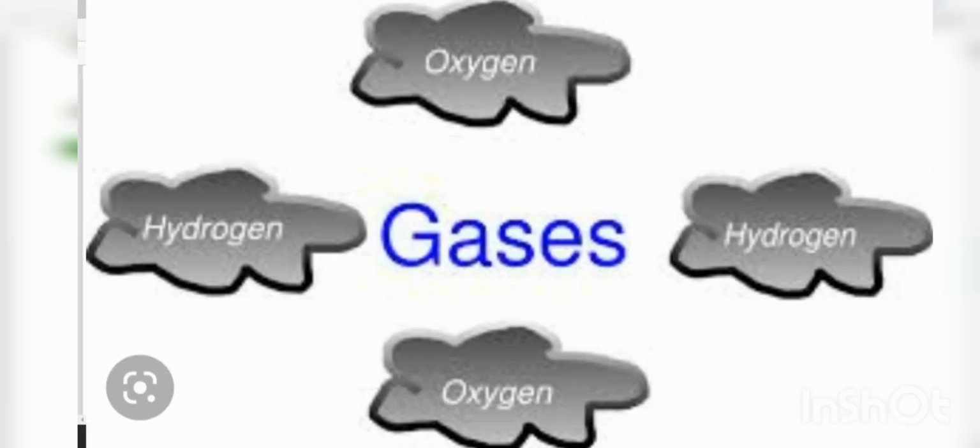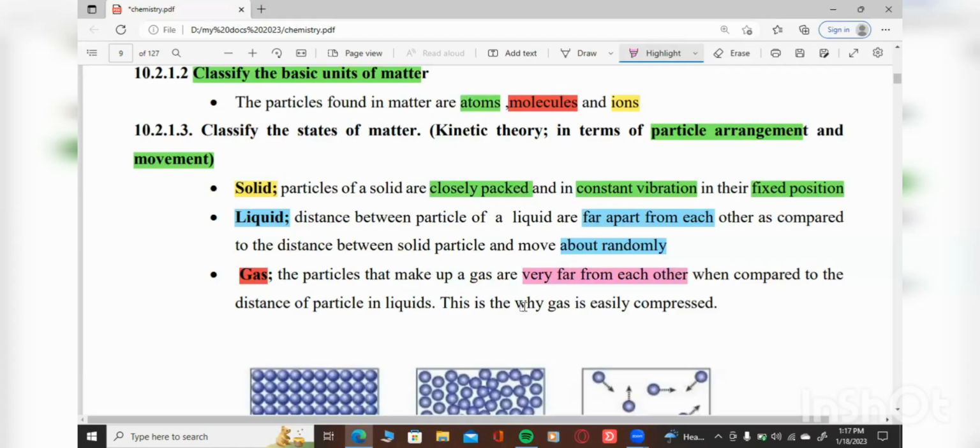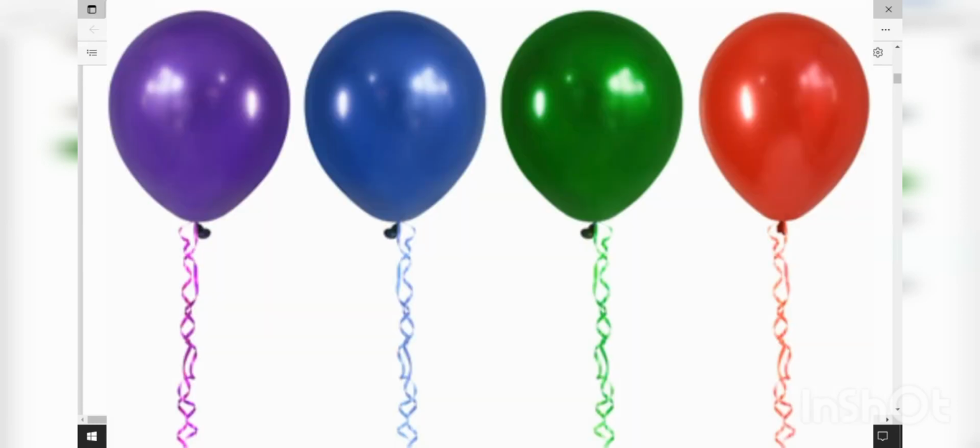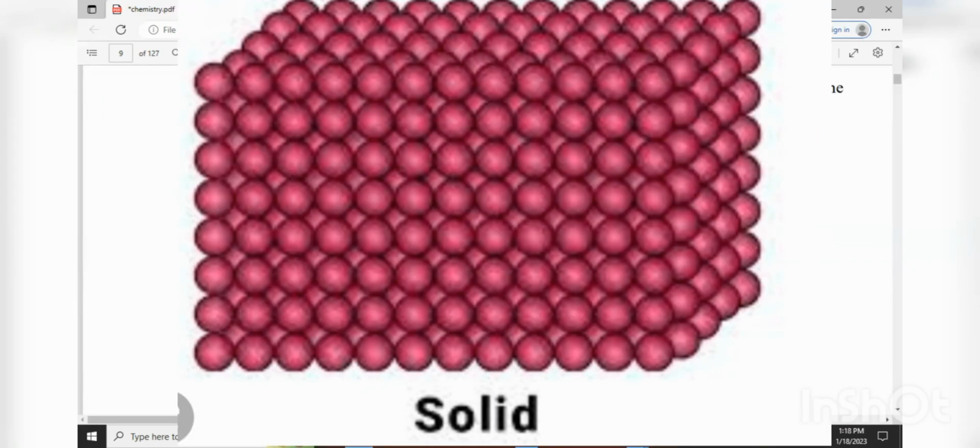Let's check on gases. The particles that make up a gas are very far from each other, and this is why gas is easily compressed. You can put some gas in a balloon and compress the balloon.